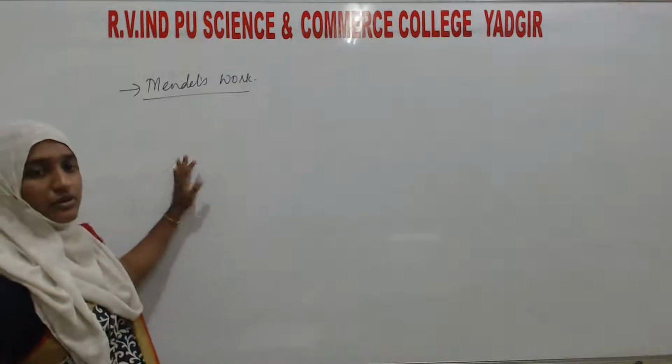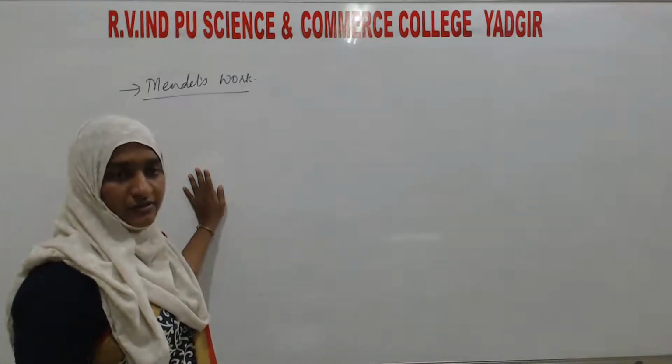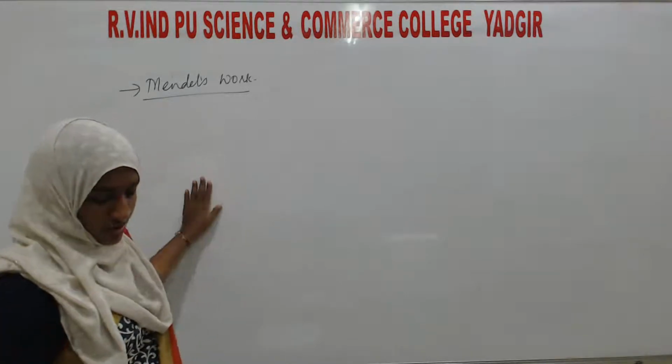Okay, so here the person in the year 1856 whose name is Gregor John Mendel.